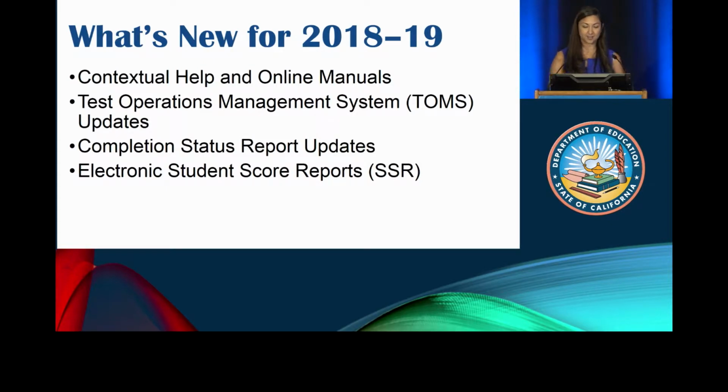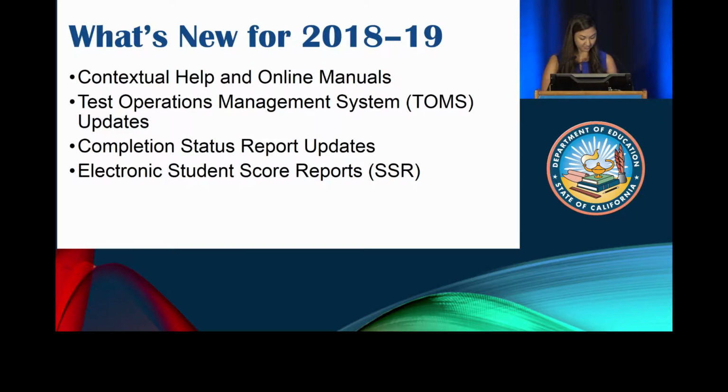So now let's look at what's new for 2018-19. A contextual help function and online manuals will now be available through the Test Operations Management System, also known as the TOMS. Several functional updates have also been made to TOMS to improve a user's experience.